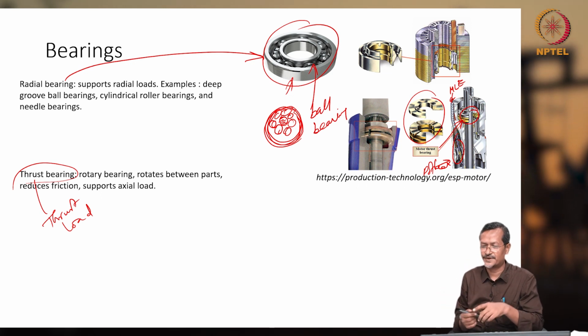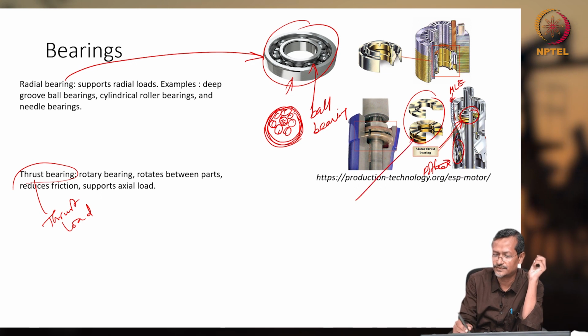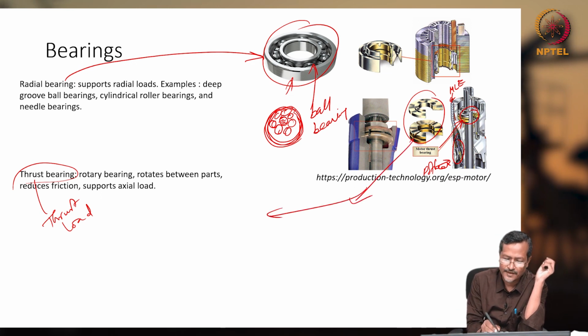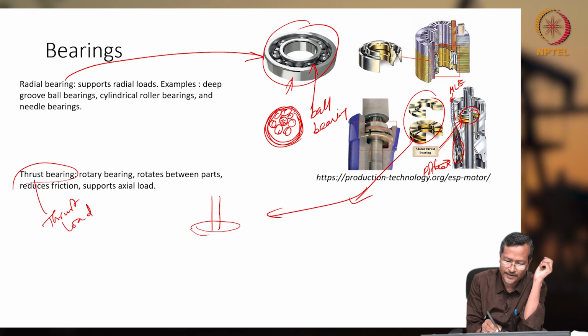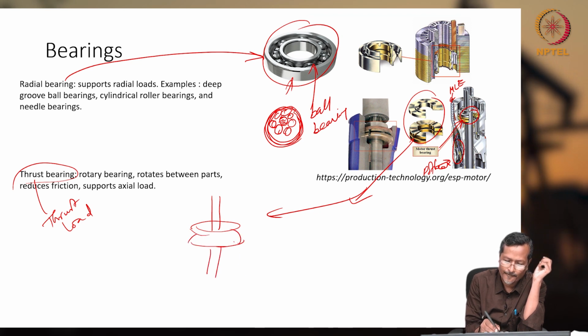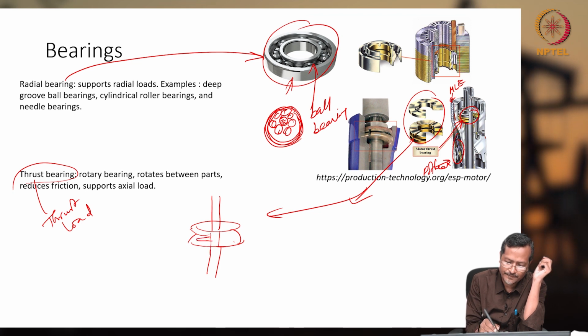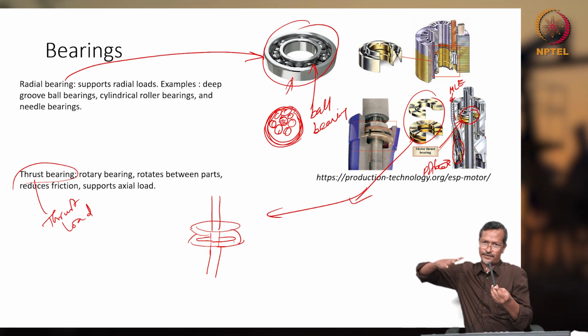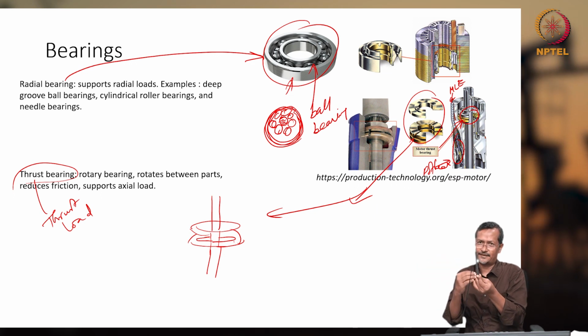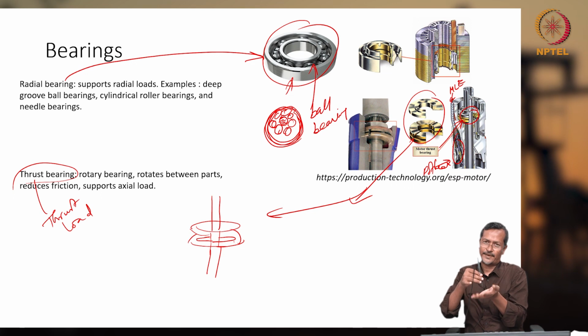Here, how this thrust bearing is working, you see this. One top plate is there, connected to the casing. The shaft will have another plate in between, and there will be a bottom plate.